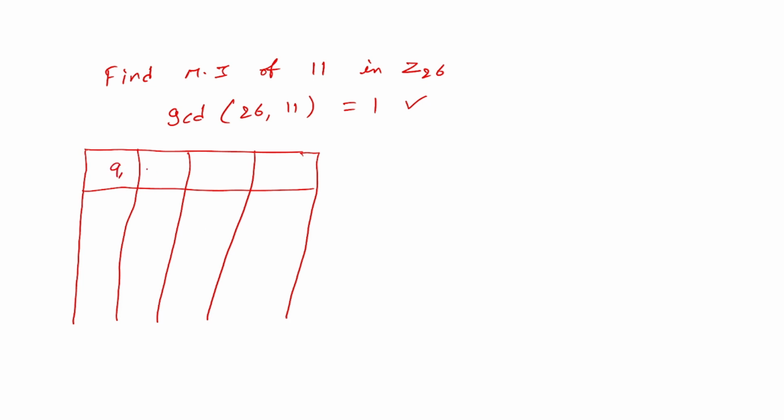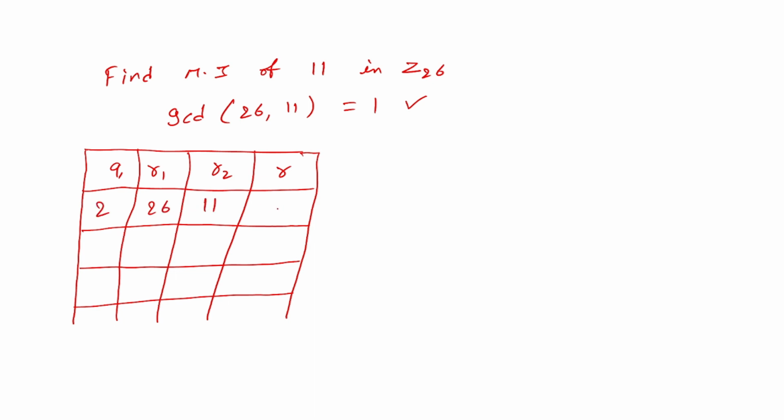This is Q, R1, R2, R. (26, 11). 11 twos are 22, remainder is 4, and 11, 4. 4 ones are 4, remainder is 3. 4, 3. 3 ones are 3, remainder is 1. 3, 1.